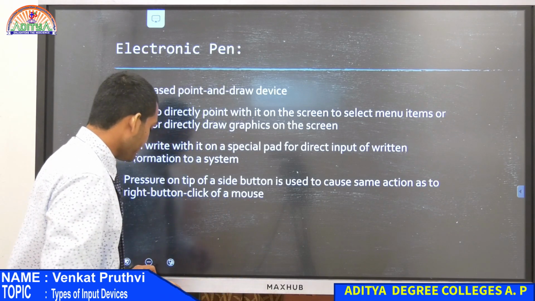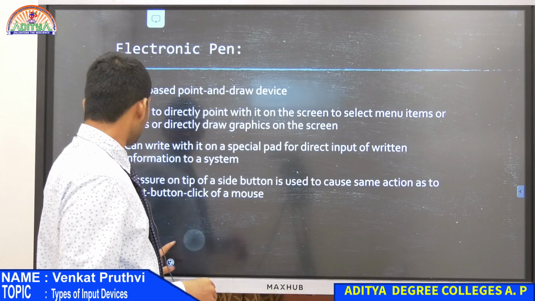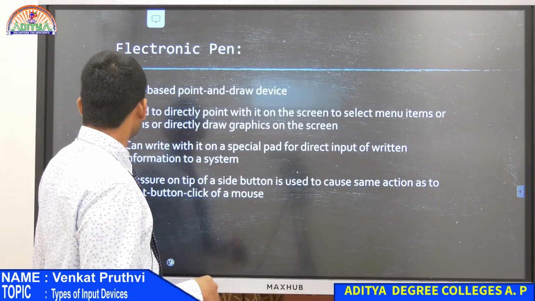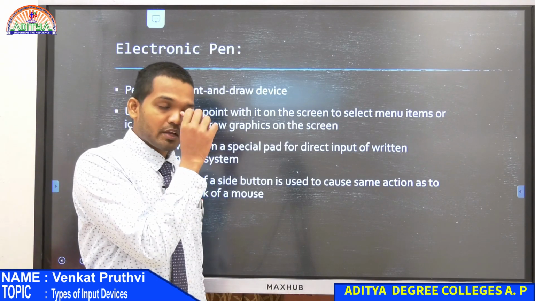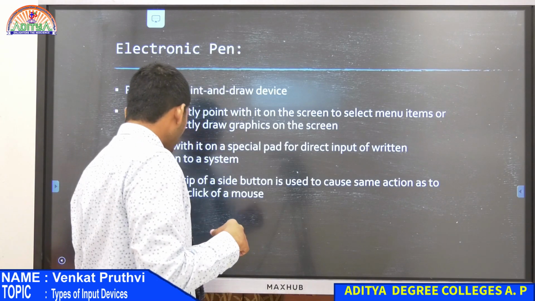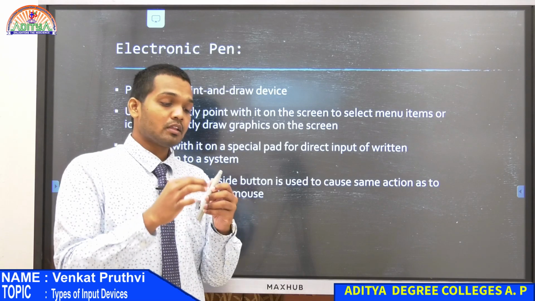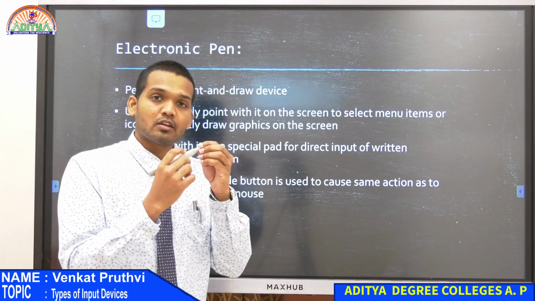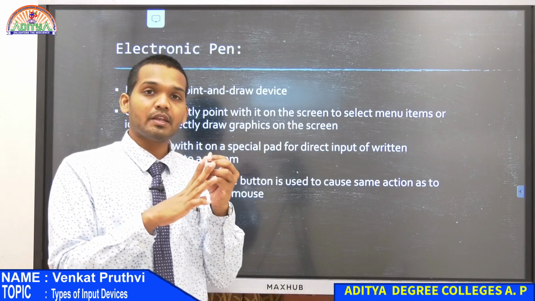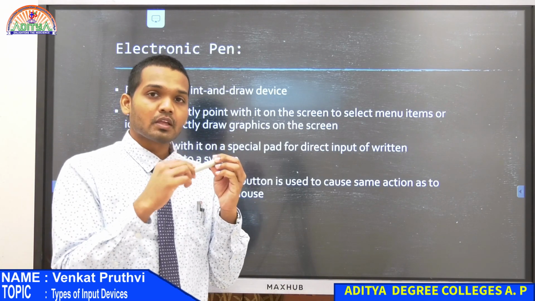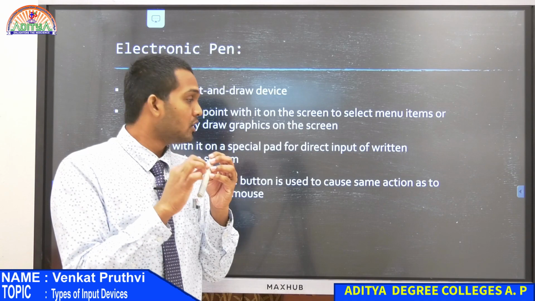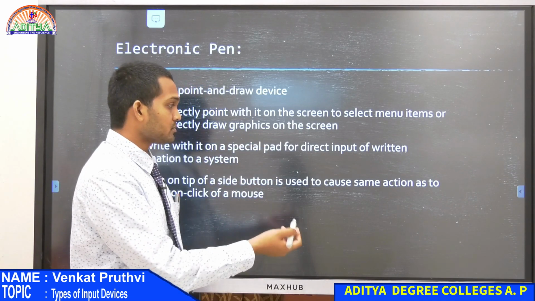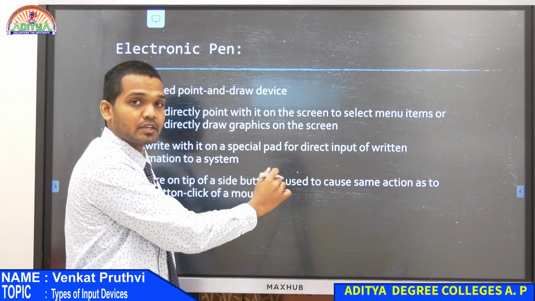The same way, these pointing devices, okay, I don't have the image right now, but they were just looking like this pen, but they had a laser over here. There was a laser technology embedded into this pen, and it has some electronic circuit inside. With the stylus, you need to have a touch screen, right?